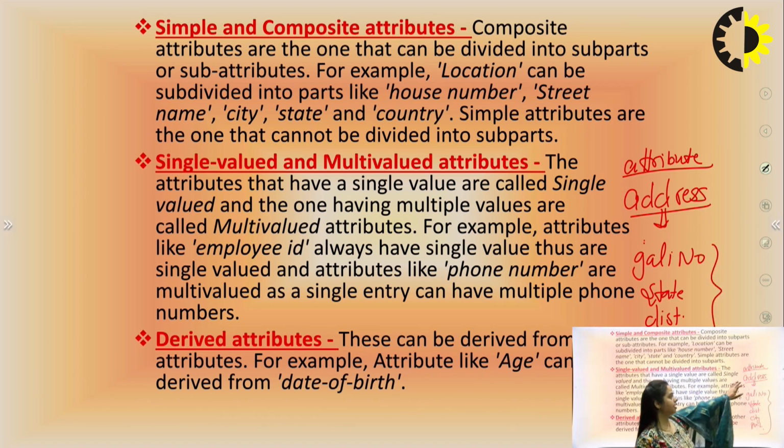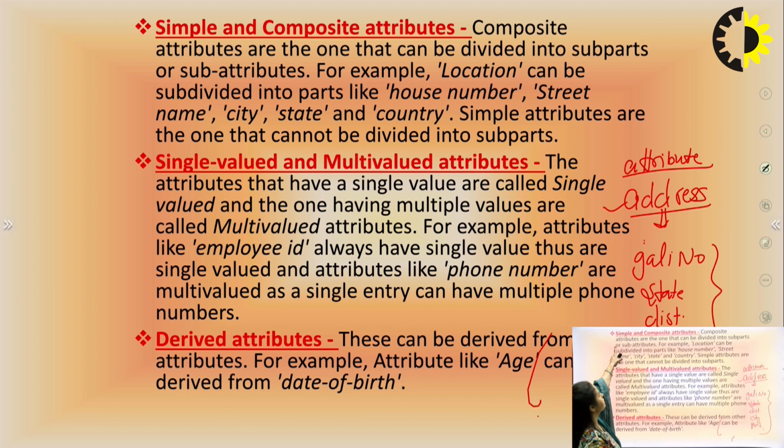So this address attribute is divided into these further attributes: gully number, state, district, nearby location, pin code, etc. So this address is known as a composite attribute because it is a combination of more than one attribute.